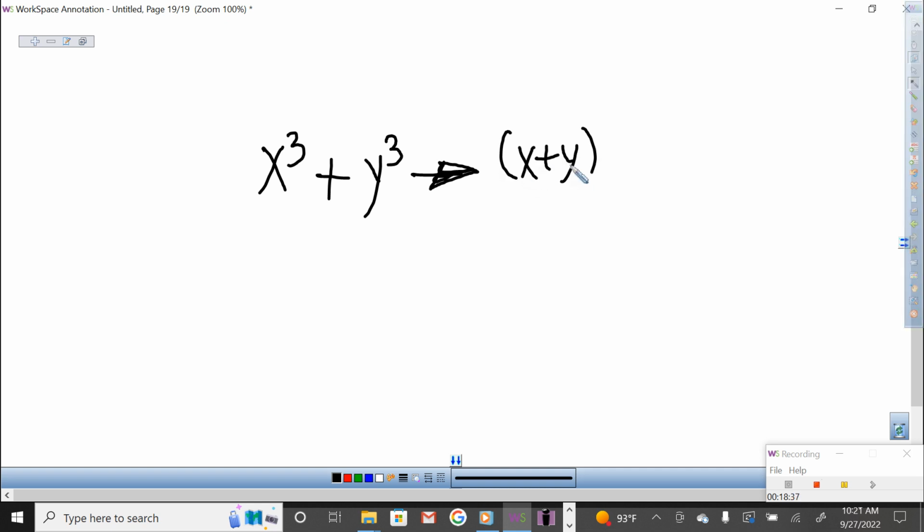X plus y. X squared minus xy plus y squared. Okay? Guys, you need to know this because we're going to get into the next problems. It's going to go pretty quick. Okay? All right. I'll leave those aside for right now.